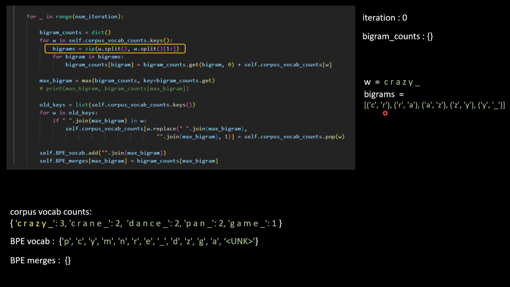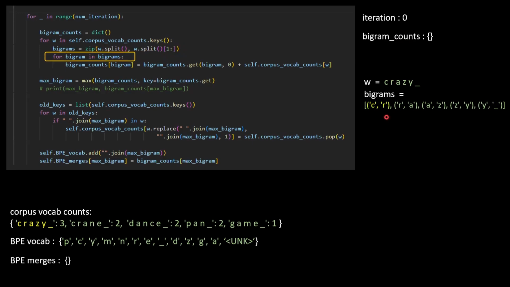Now from these bigrams, we will fill up the bigram counts. Can you guess what will be filled up here? I think this time also you have guessed it correctly. We are going to take the frequency of those tuples in our corpus, and we will update that frequency in the bigram counts.